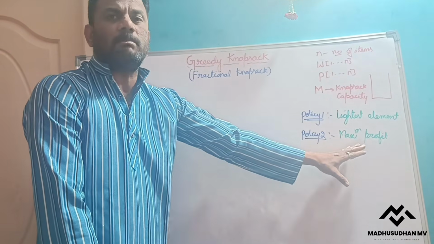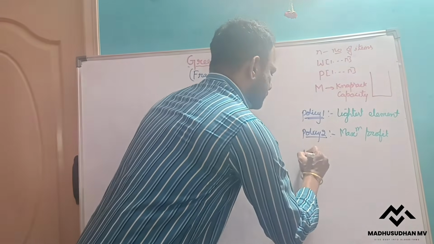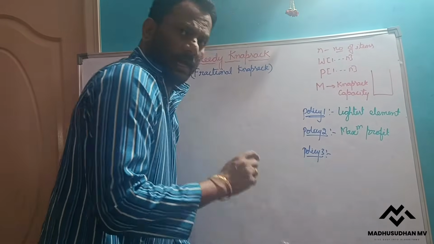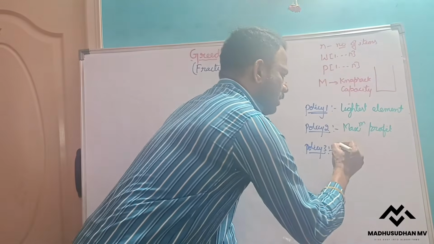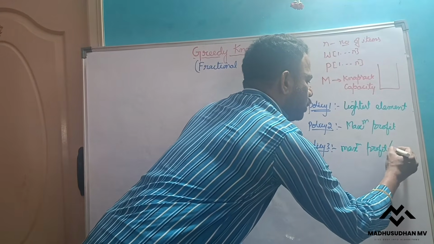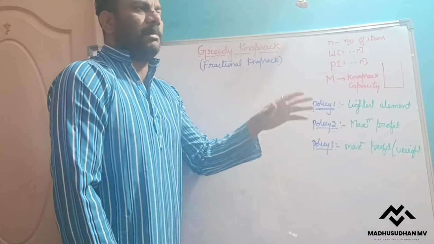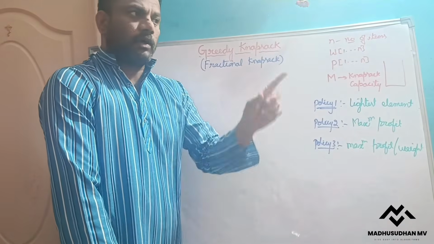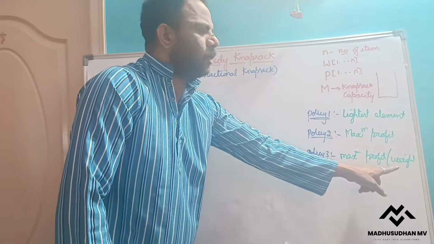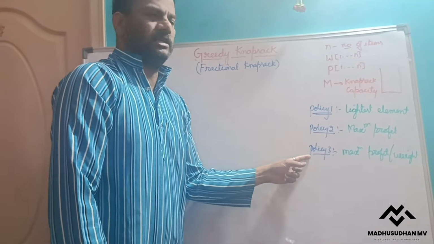Policy 3 says you select the item which has the maximum profit per unit weight. For example, for 10 kg the profit is 120, so for 1 kg how much? Like that, you calculate how much profit you get per unit weight, and whichever has the maximum profit per unit weight, you select that.